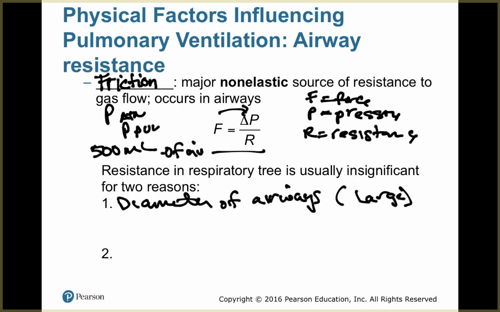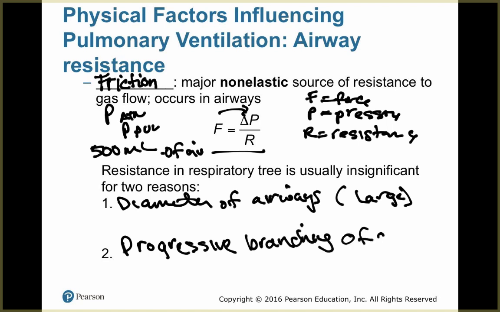Now, as we go through progressive branching, right, as they get smaller, it tends not to be a problem because it leads to an increase in total cross-sectional area.